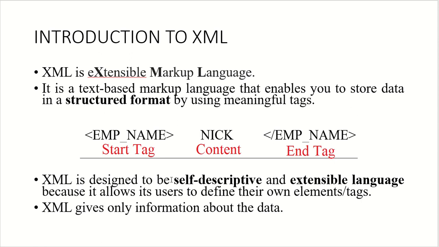It is designed to be a self-descriptive and extensible language because it allows its users to define their own elements or tags. XML gives only information about the data. Now this part is very important. XML gives information about only data, that you will understand in the coming slides.